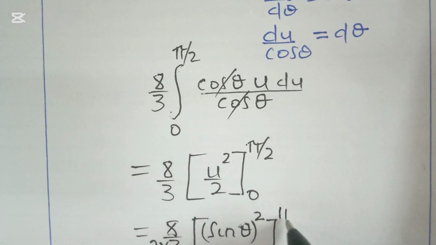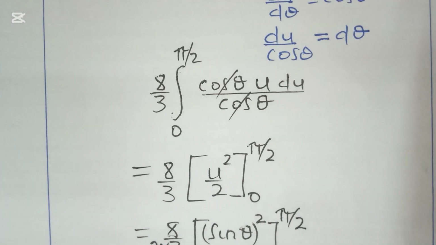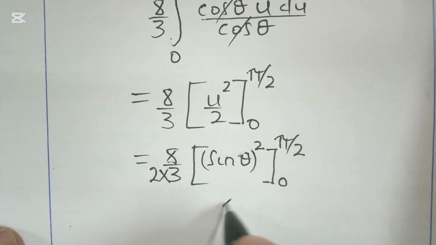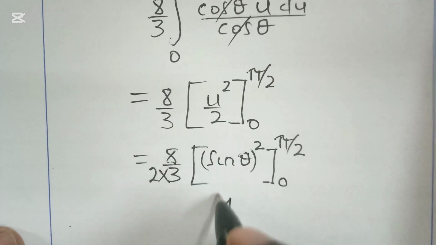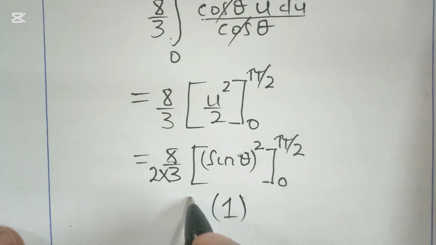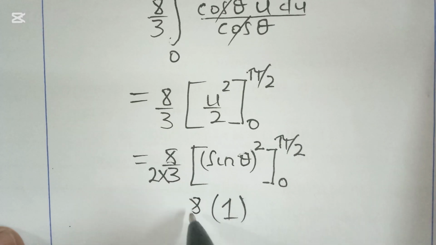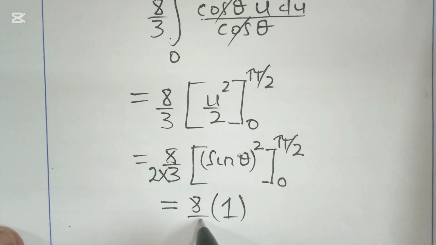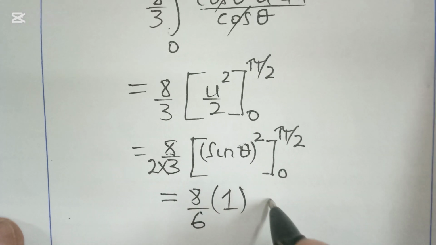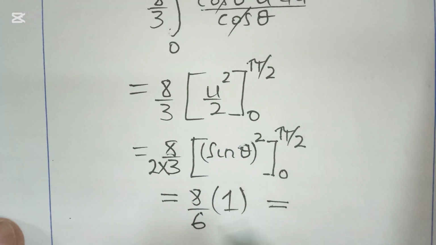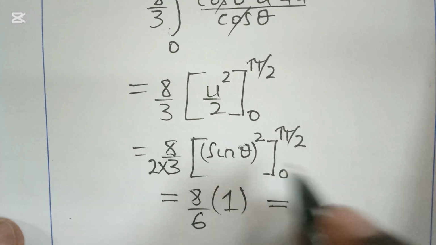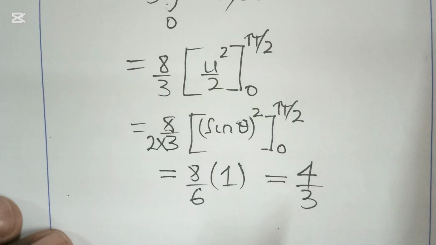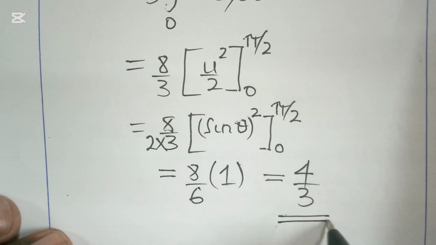When you put pi over 2, you shall get now 1. So this one is going to be 1, and then 8 all over 6. So this is going to give us 4 over 3. So guys, this is our solution.